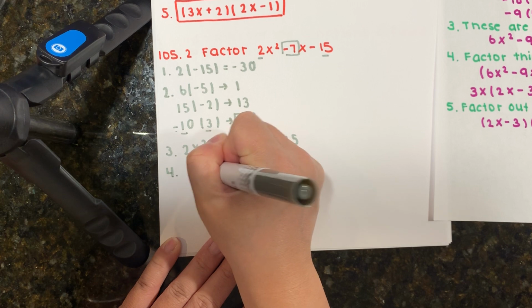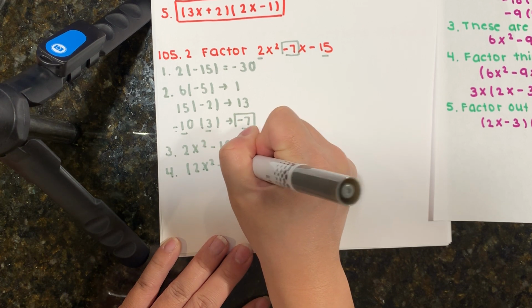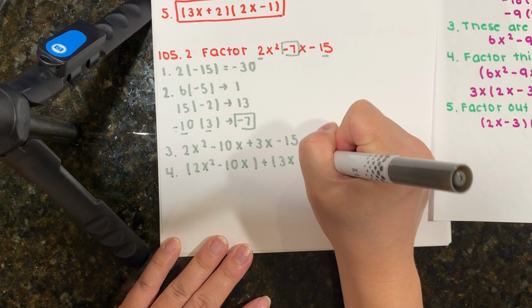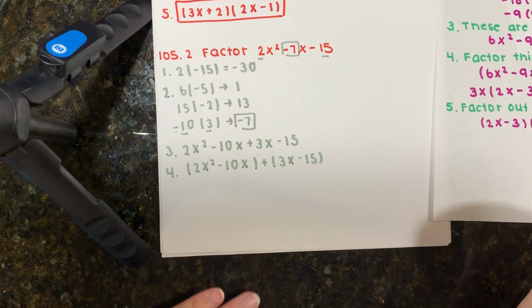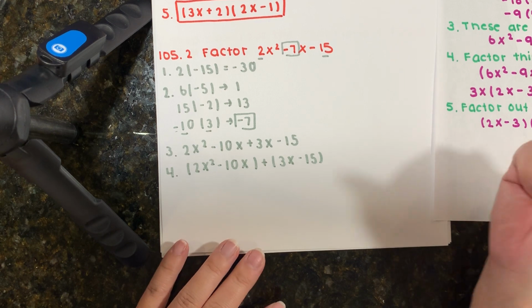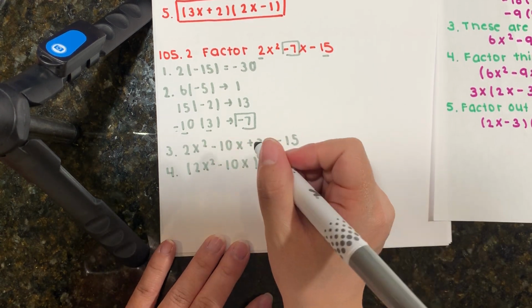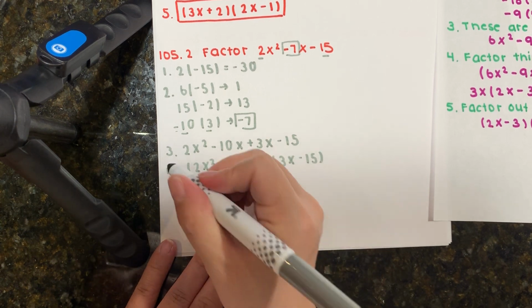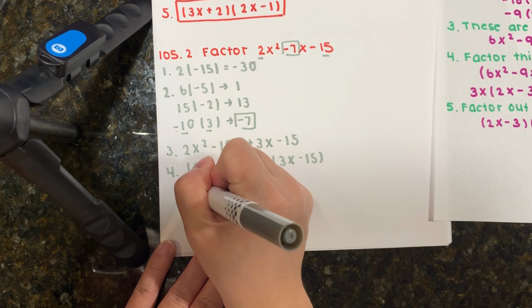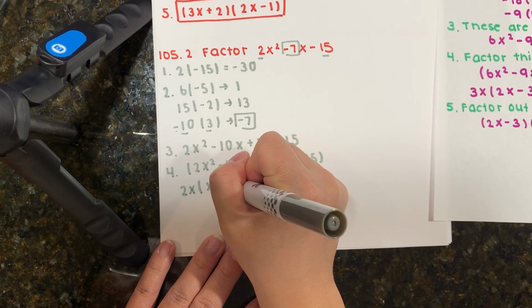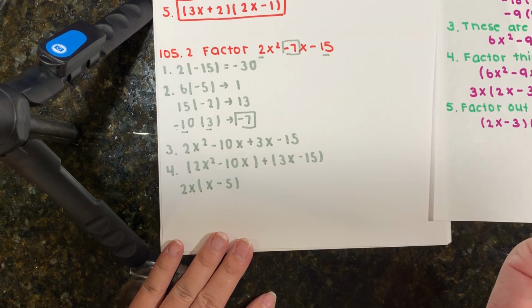So it's going to be 2x squared minus 10x, and then 3x minus 15. So we're going to factor those two terms. So when I factor out of the first parentheses, I see that both of those terms are divisible by 2 and an x, which would leave me with just an x in the first term and then a -5 in the second term.